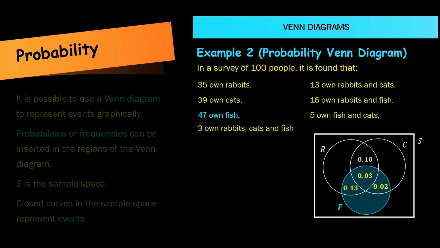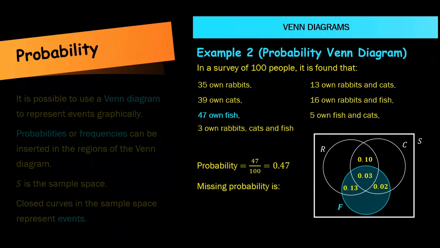There are 47 people who own fish. Therefore, the probability that somebody owns fish is 47 out of 100, which is 0.47. The total in the shaded region should now equal 0.47.